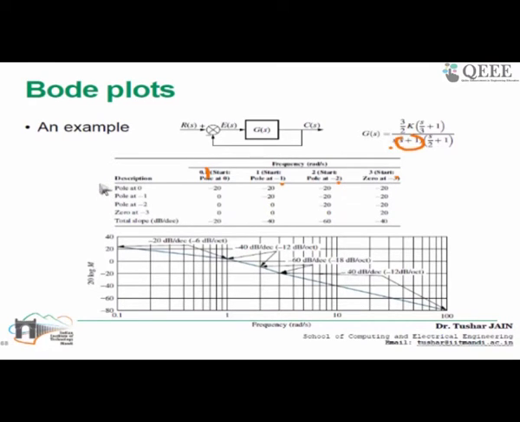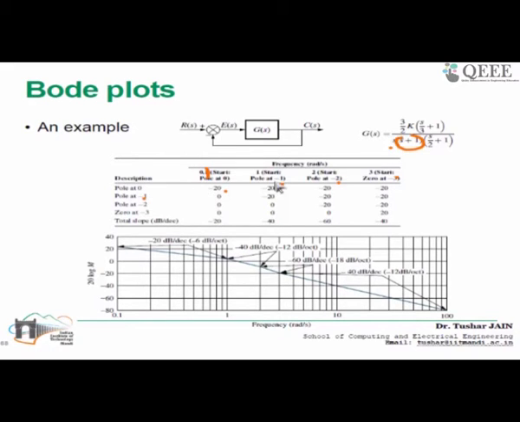Then we start identifying the contribution of the slope with respect to each breakaway point. If I have a pole at 0, for the magnitude it doesn't matter, but a pole at 0 will have a contribution of -20 degree for the rest of the frequencies.